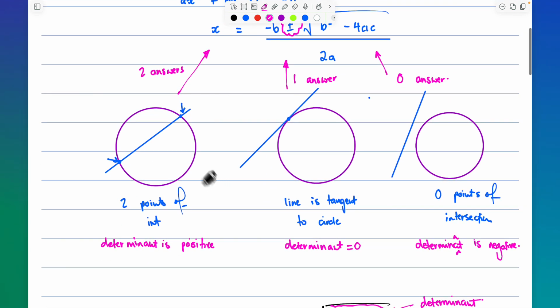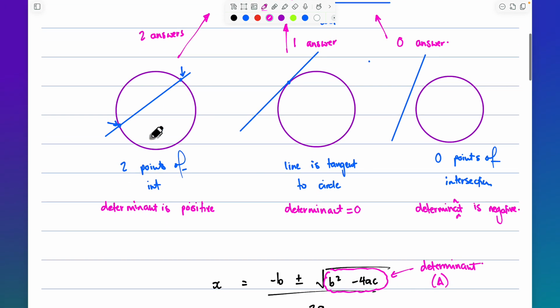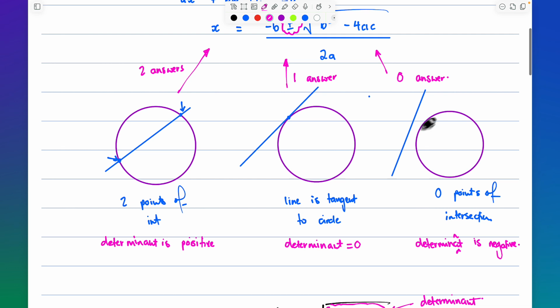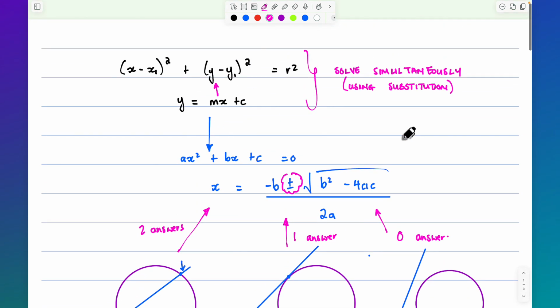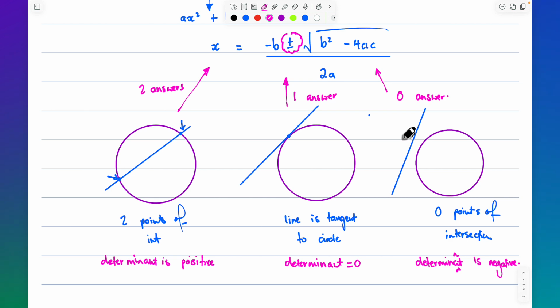Is it positive, which means the two graphs that came together to make the quadratic have 2 points of intersection? Is the determinant equal to 0, which means the line is tangent to the circle? Or is the determinant negative, which means there is no solution, so the two don't meet at all? Those are the steps that we need to make sure we follow. Bring those together, and then we look at the determinant.